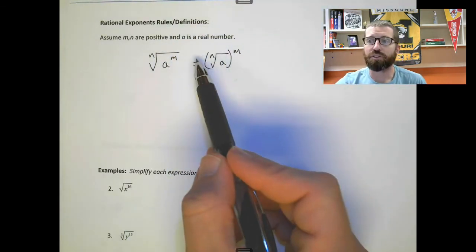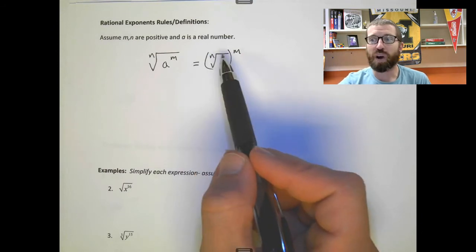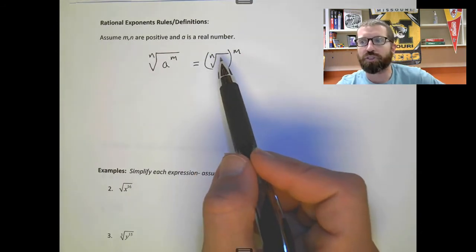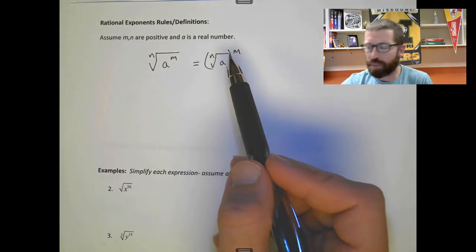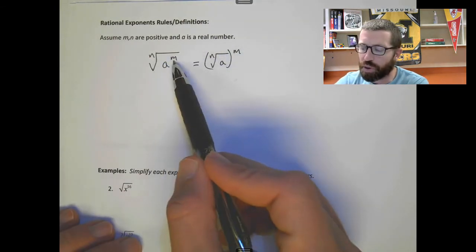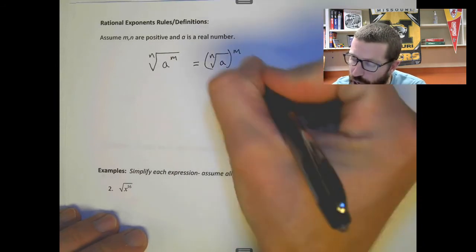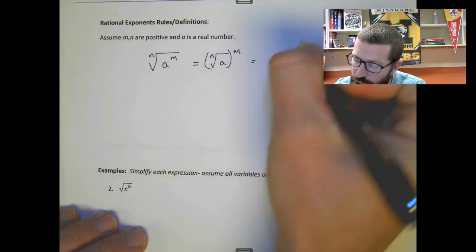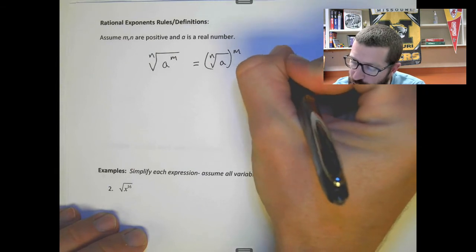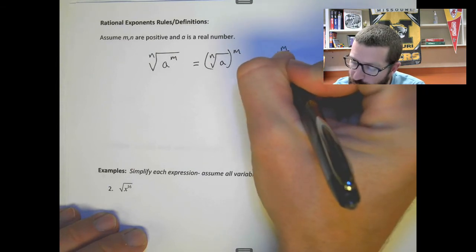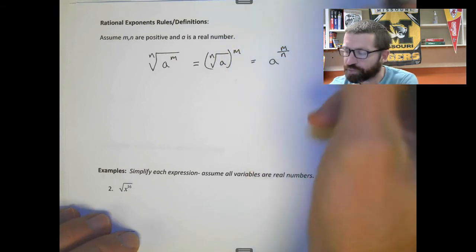So I can take this exponent out. Basically, I can do the radical first. It's similar to when you do order of operations with multiplication and division. Order doesn't matter. If you want to do the radical before the exponent, that's allowed. And this is also written as a to the m over n power.